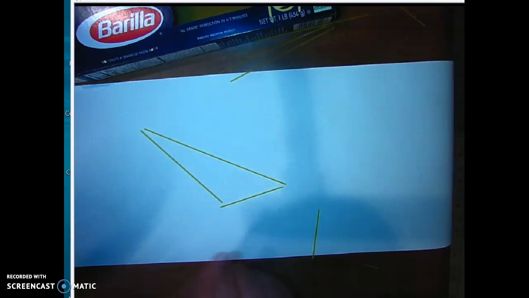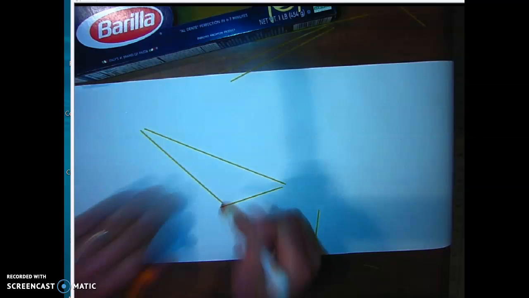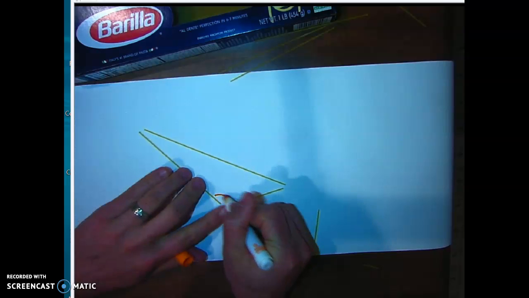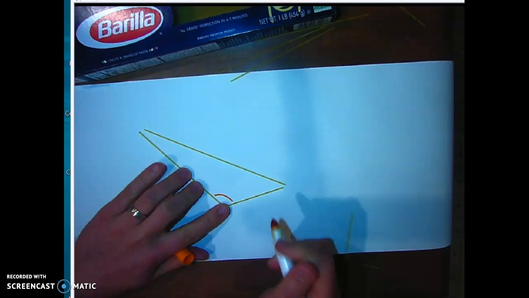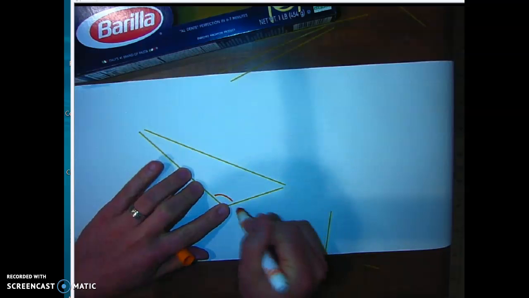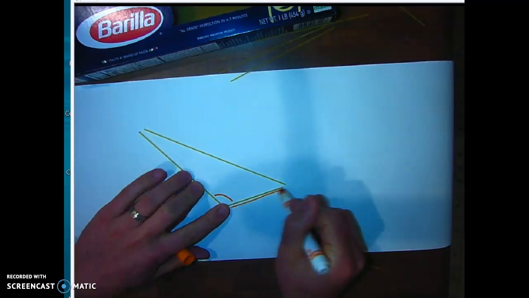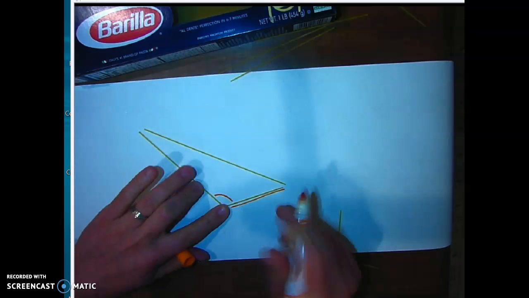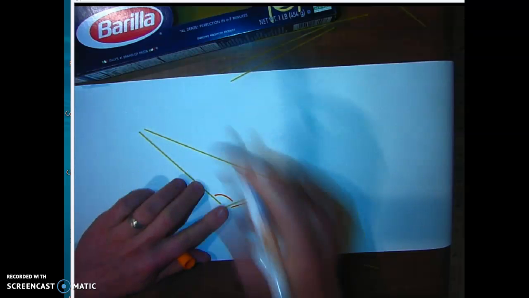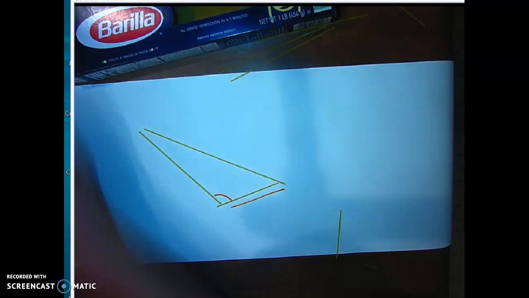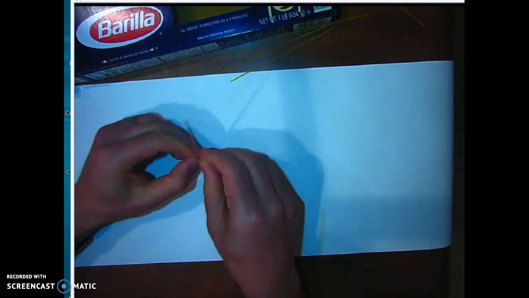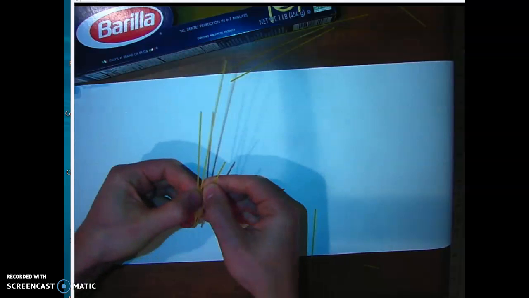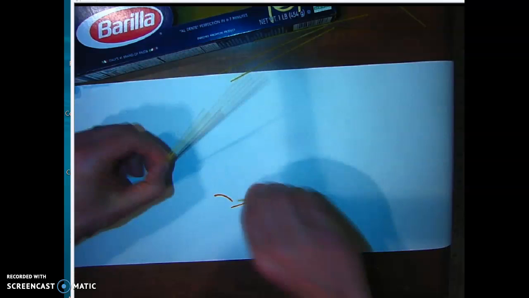All right. So now I have my obtuse angle, so I know it's going to be an obtuse triangle, but now I'm going to look at the sides. I see that this length is not the same as any of the other lengths. Just to double check, let's line them up. Okay, you can see none of them are the same length.